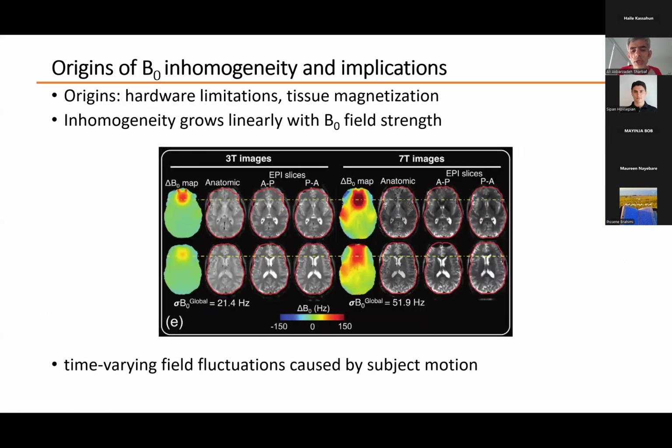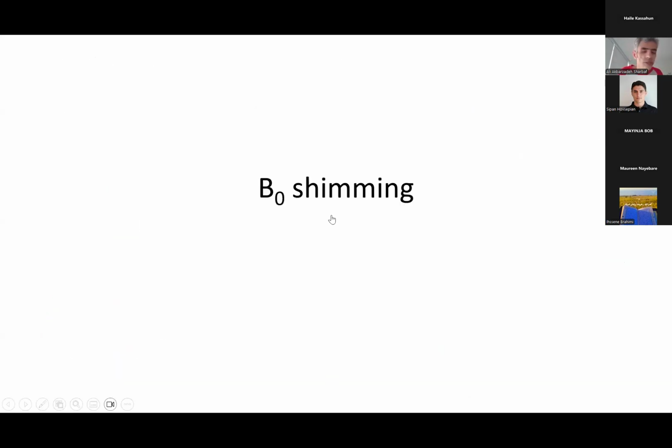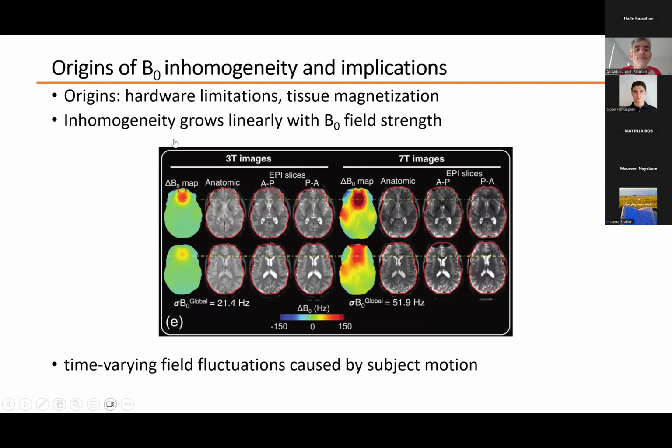But the B0 shimming is a long topic, but okay, let me just cover it in a few minutes. We know that in order to have a good quality image, we have to have a homogeneous B0 field, but in practice, it's not possible because there are hardware limitations and there is magnetization because of the tissues.